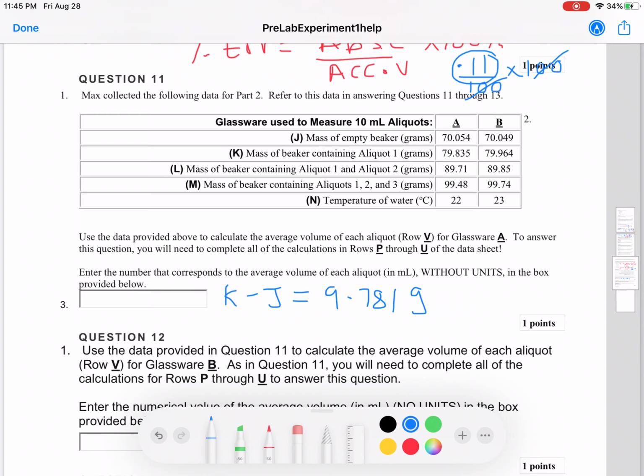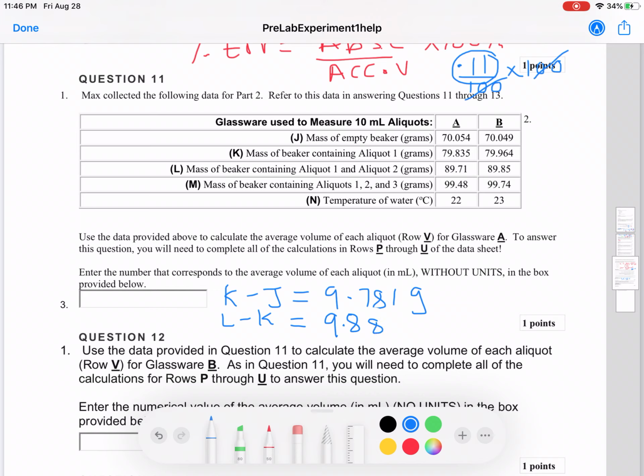So the answer we got is 9.875, but we want to keep it to 2 decimal places. You're going to drop the 5, and since the number being retained is an odd number, you're going to add 1. So that's going to be 9.88.